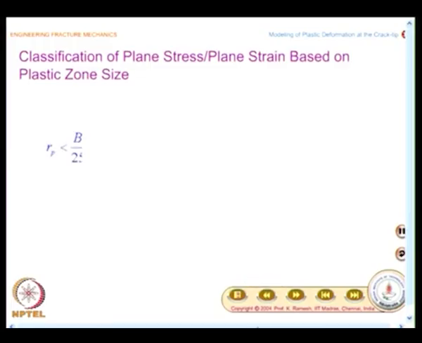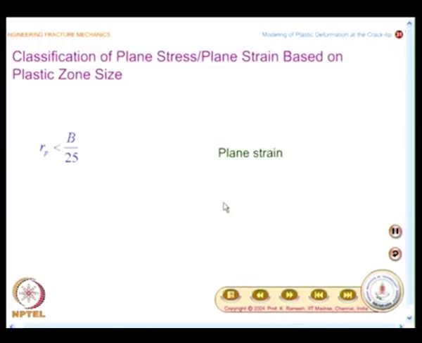Now, what we will look at is another aspect that we understand from looking at the size of the plastic zone. We have looked at how to get the value of RP, that is the size of the plastic zone.